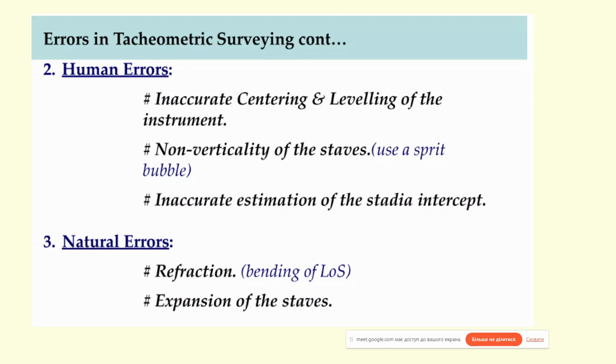Human errors. We have three kinds of human errors. First of all, inaccurate centering and leveling of the instrument, not verticality of the staves, and inaccurate estimation of the stadia intercept.